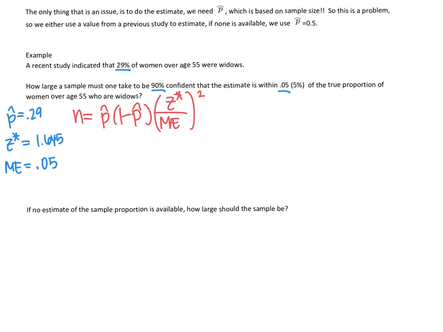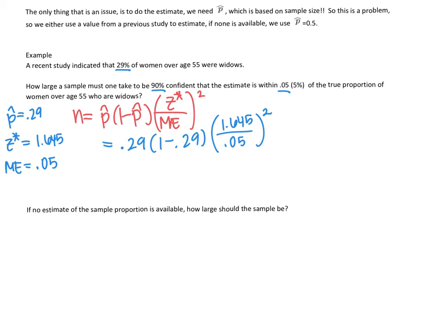Okay. So plugging those values into our formula, we have 0.29 times 1 minus 0.29 times 1.645 over 0.05 squared.